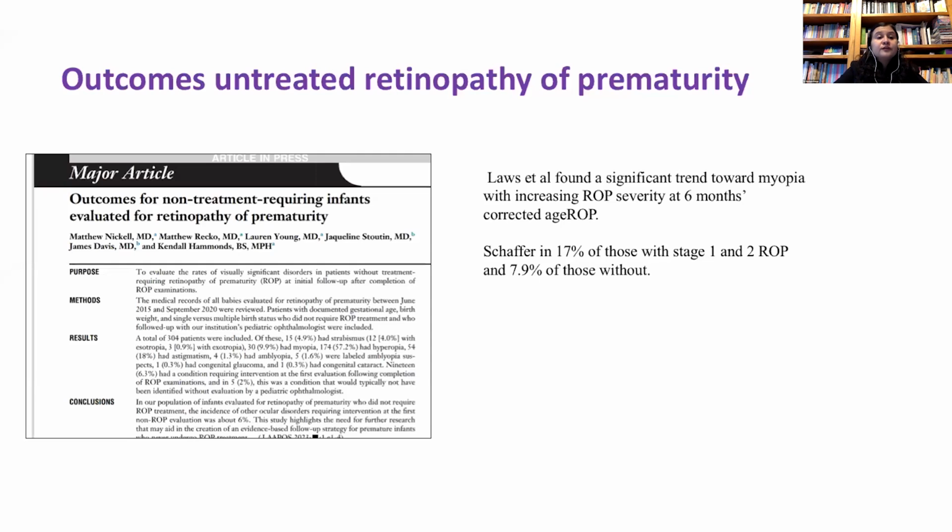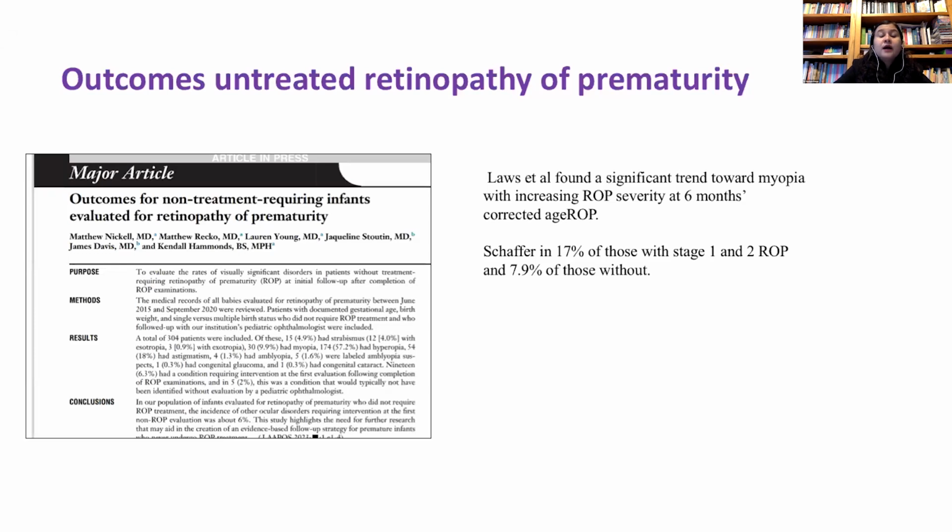So what are the outcomes of untreated retinopathy of prematurity? In this recent paper published in the Journal of AAPOS, the authors reported outcomes for non-treatment-requiring infants evaluated for ROP, and they reported that out of 304 patients, most of them had hyperopia and astigmatism, followed by myopia, and then strabismus and other manifestations.